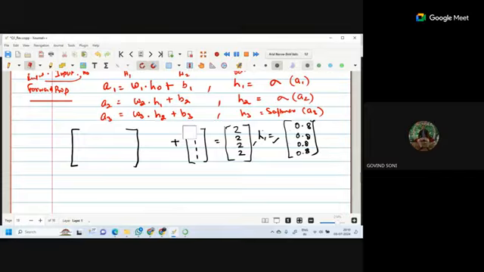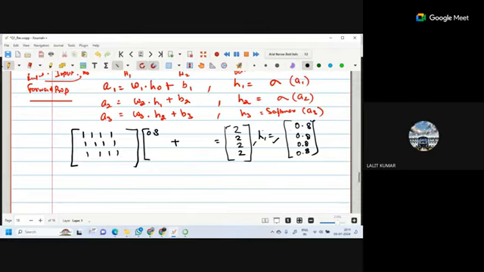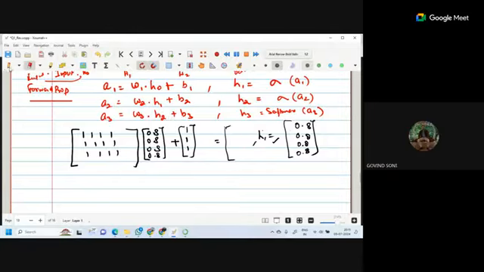A2 will be W2. W2 size is what? 3 into 4, times 0.8, 0.8, 0.8, 0.8, plus 1, 1, 1. How much will it become?